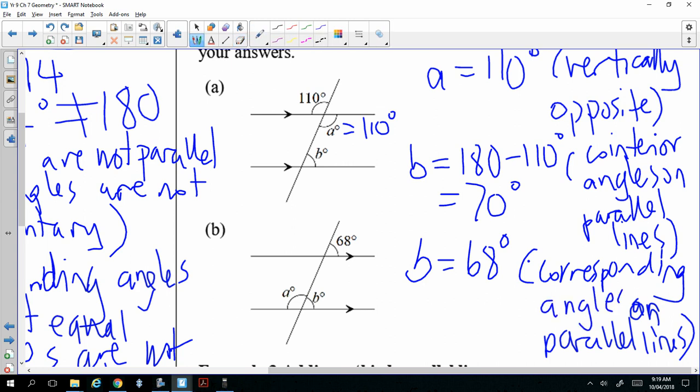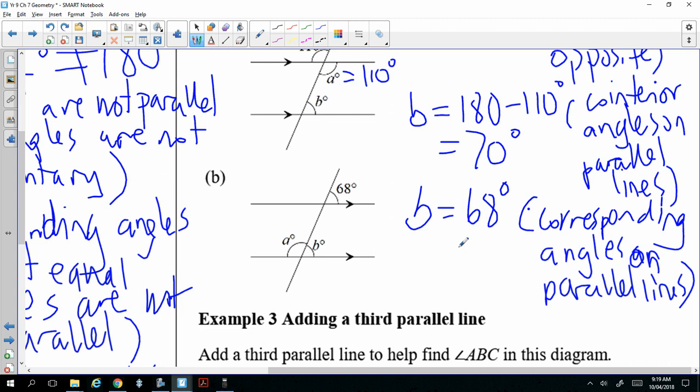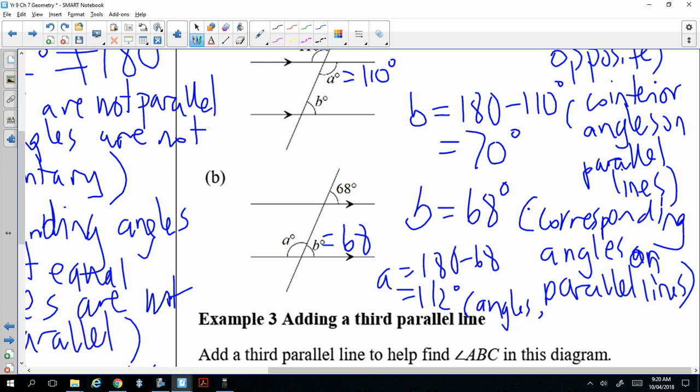And how do I find A next? 180 minus 68. And again, give a reason. Or you just say angles on a straight line. Okay, we've got one more question to do. That's a little bit harder, but you'll find it easy if you're paying full attention.